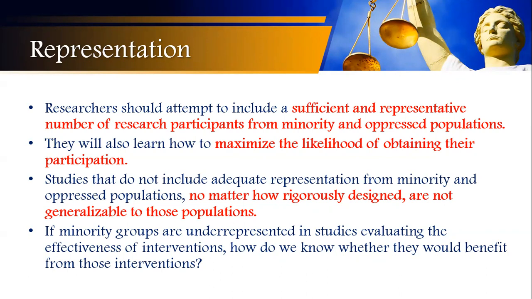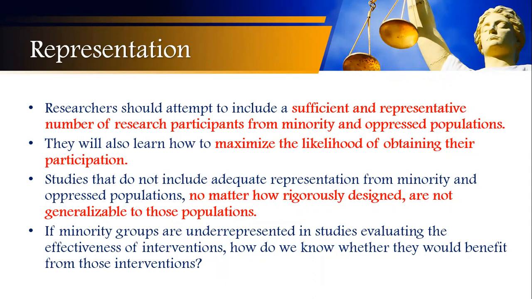So if minority groups are underrepresented in studies evaluating the effectiveness of interventions, how do we know whether they would benefit from those interventions? This is a big problem in the research community, particularly as it relates to intervention studies, we oftentimes struggle to recruit minority and oppressed populations. And this becomes a problem because when we want to understand the effectiveness of interventions, if those groups are not included, we can't speak to the extent to which they benefit.